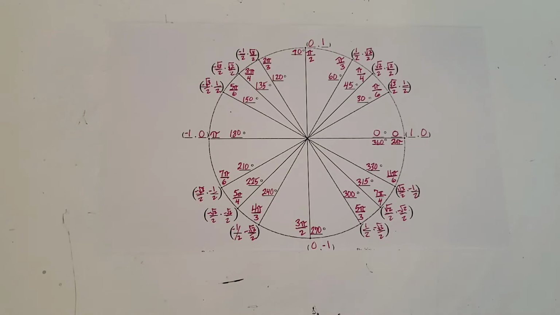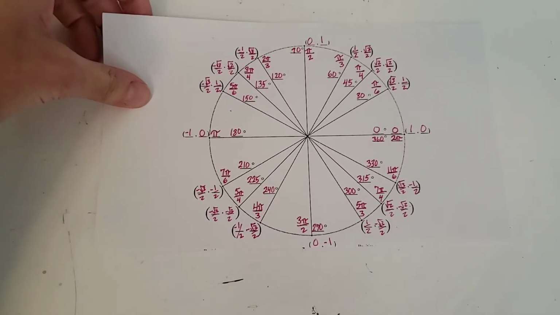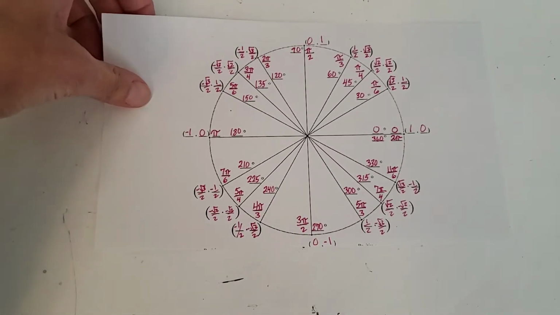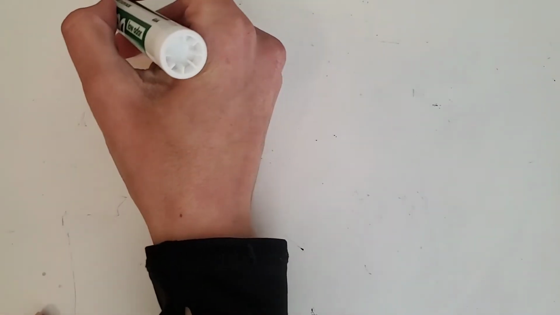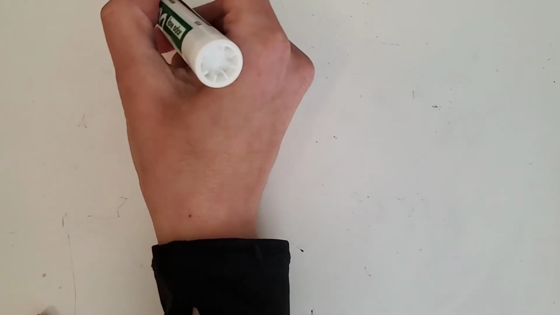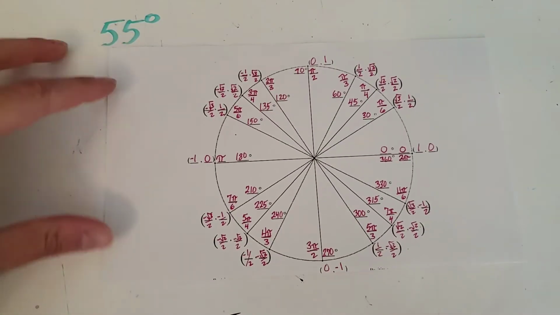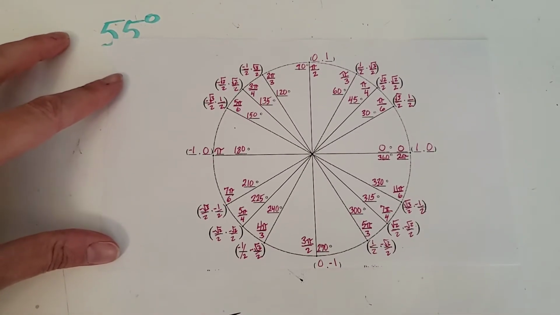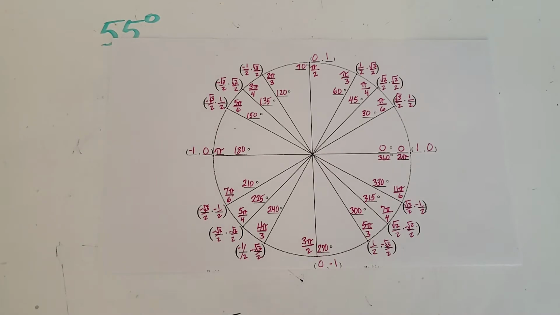You probably want to grab your notebook and write down these few examples. I said 55 degrees, so I want to look at 55 degrees and I want to change that into radian measure. The key to that is back on the unit circle, finding a spot on the unit circle that you know exactly.